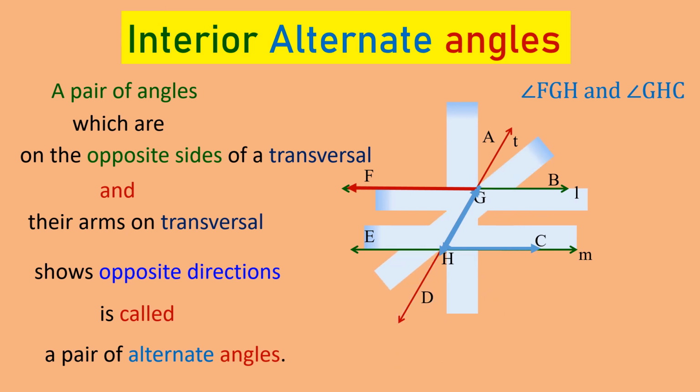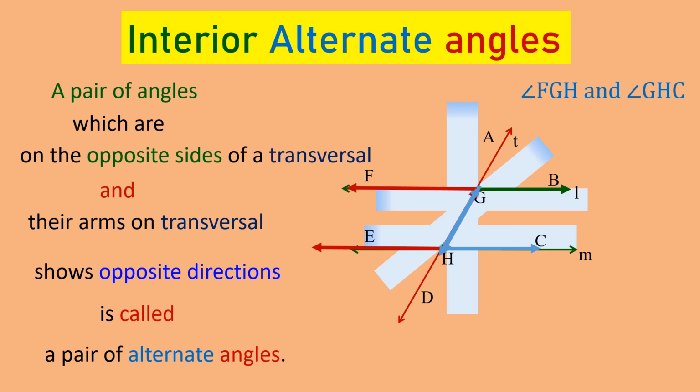So let us go for the second pair. Again a rectangular shade has to be put across the transversal. Again you will find two angles which have a common portion with the interior rectangle placed between lines L and M. You can see here, that is angle BGH and angle GHE.